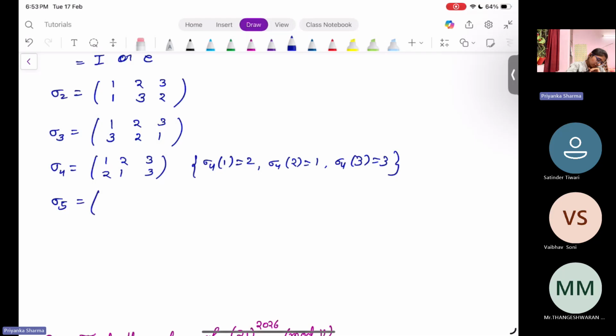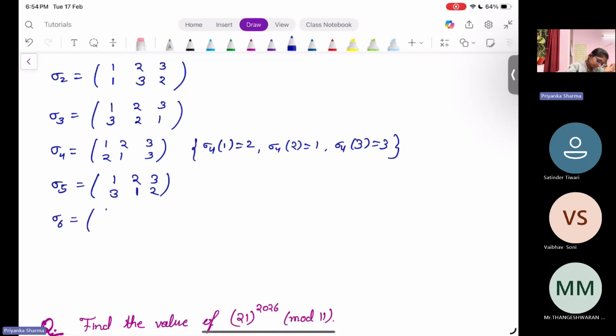Sigma 5. Now here we have elements 1, 2 and 3, and we can shift them in a cycle, like we start numbering from this 1, 2 and 3.